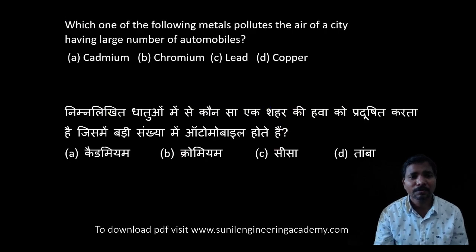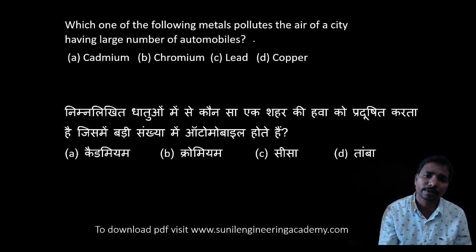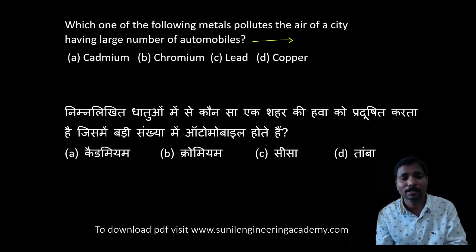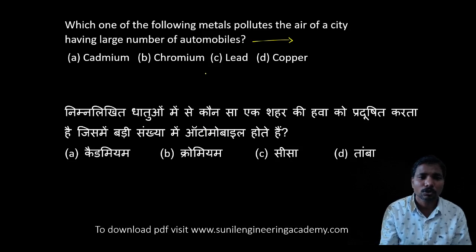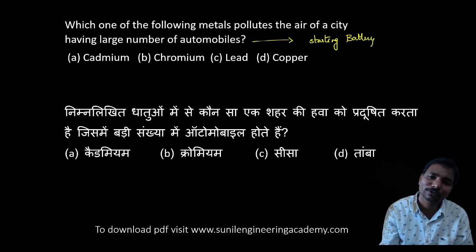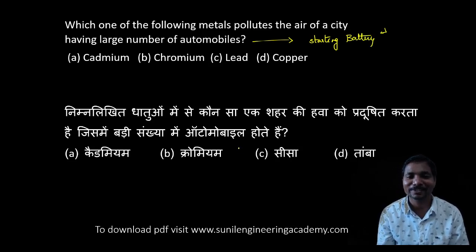Coming to the next one, which of the following metals pollute the air of a city having a large number of automobiles? Large number of automobiles means bike, car, lorry, bus, truck. These must have a starting battery. For a bike you may use the kick, but the remaining you may not.